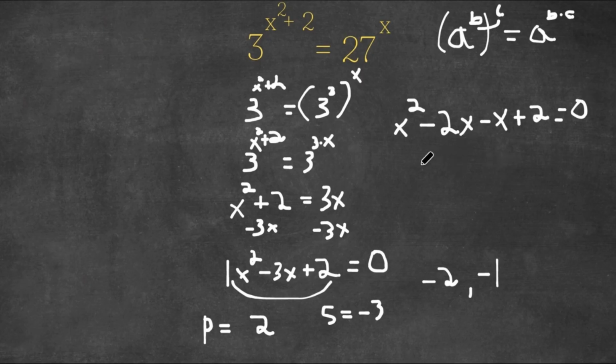And this is going to turn into x times x minus 2, minus 1 times x minus 2.